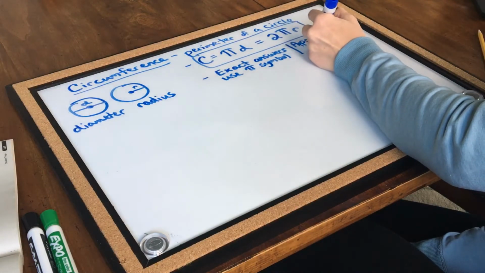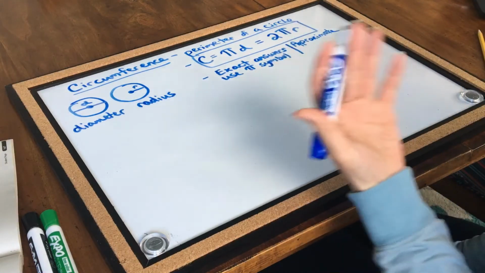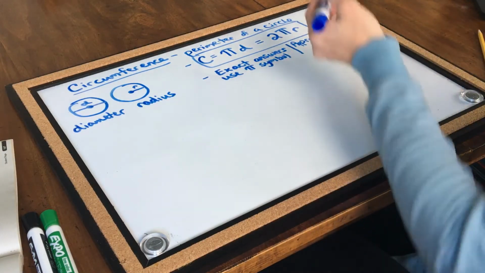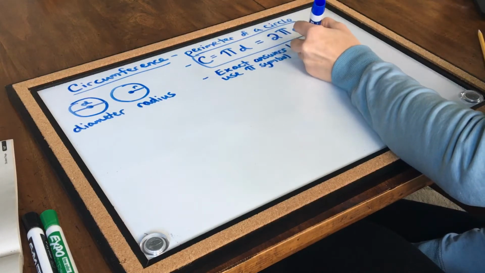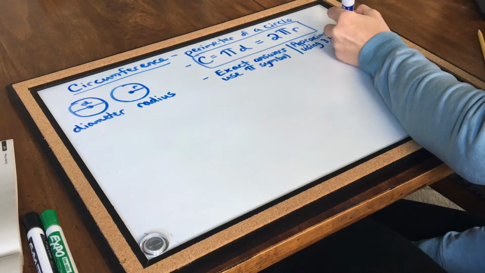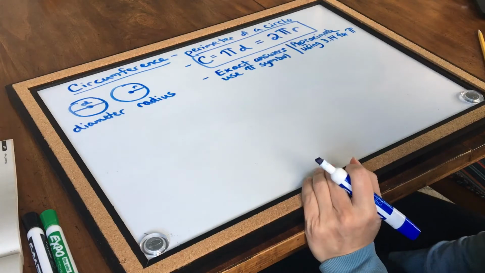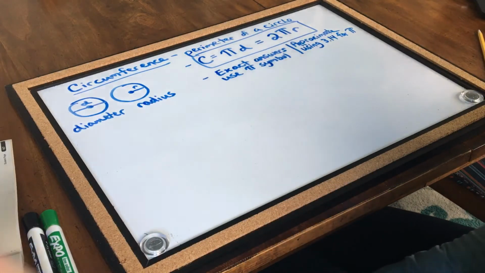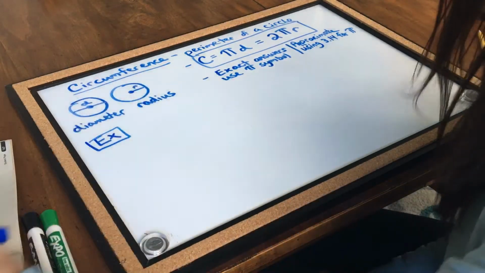An approximate answer will estimate using 3.14 for pi. And I'm going to show you how to do both of these when we do our example problem. Okay? All right, so let's try an example and calculate the circumference.